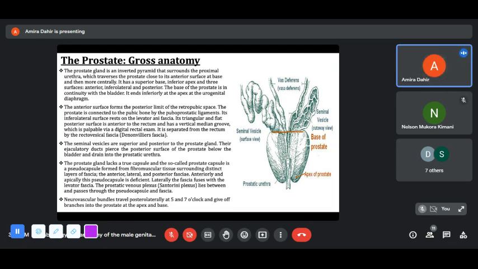Laterally, the fascia fuses with the levator fascia, and the prostatic venous plexus, also known as the Santorini plexus, lies between and passes through the pseudocapsule and fascia. We have neurovascular bundles which travel posterolaterally at 5 and 7 o'clock and give off branches into the prostate and the apex and base.